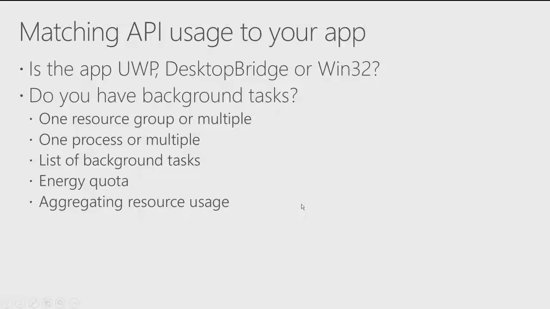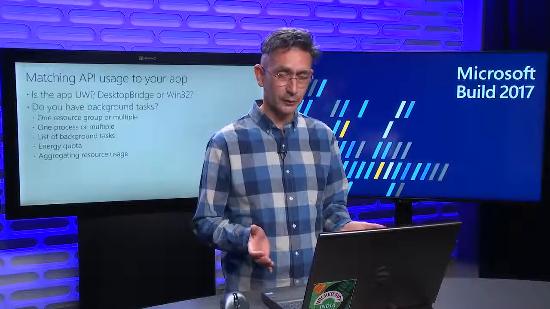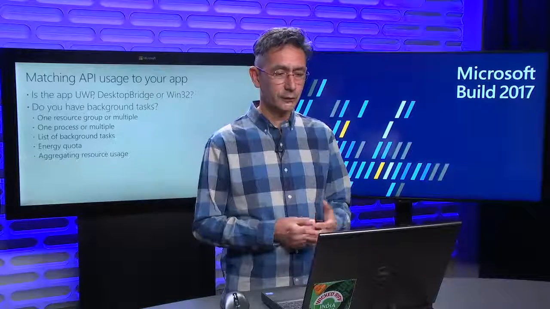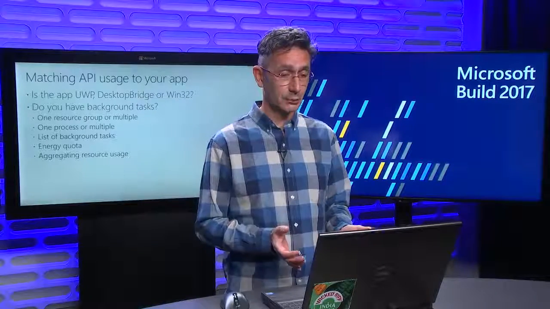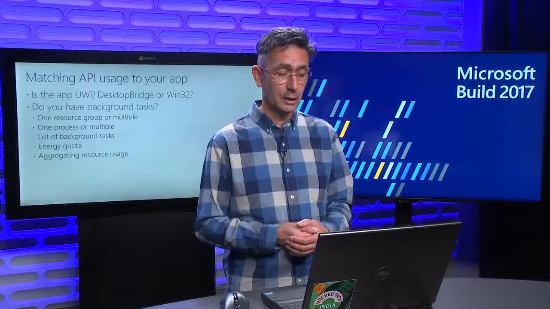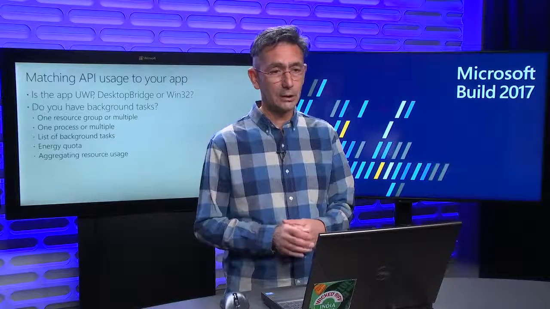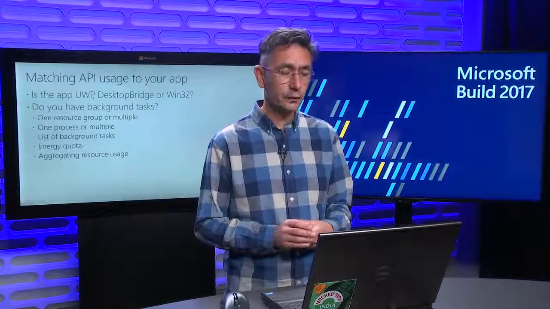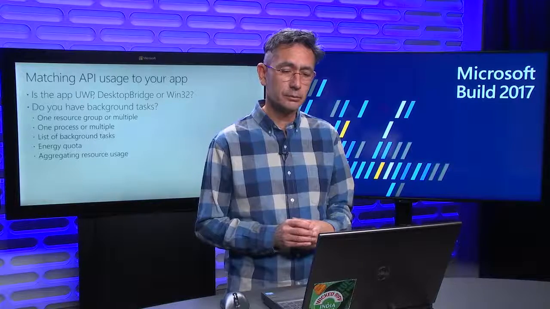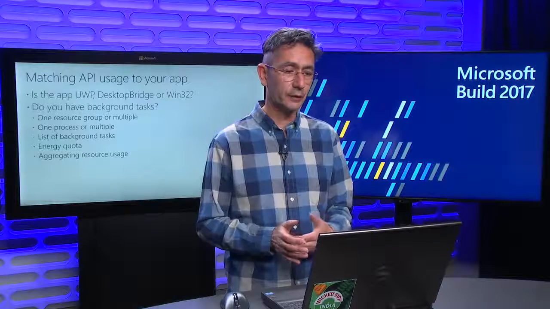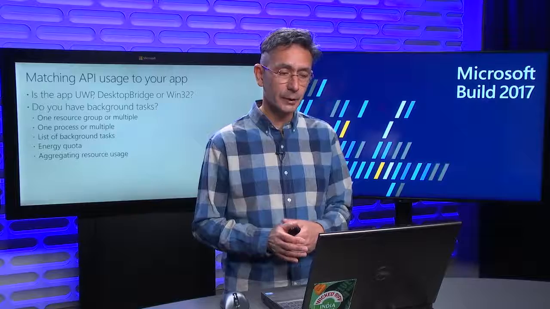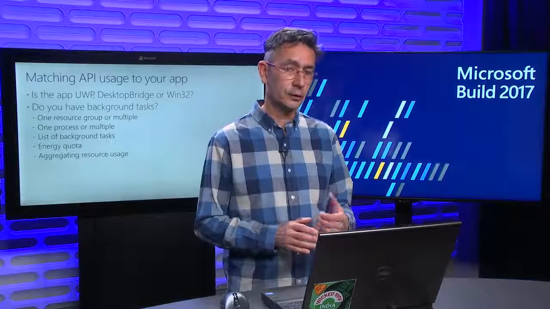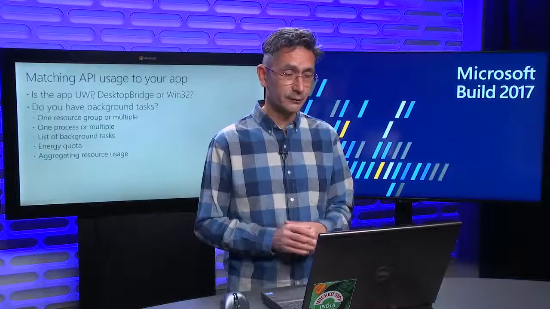You don't get additional package information because there isn't any additional package information. With desktop bridge apps, you will get additional package information because there is package information. But again, you won't get things like the use of shared commit because that's not tracked for desktop bridge apps. Or at least it's not tracked for the Win32 side of desktop bridge apps.